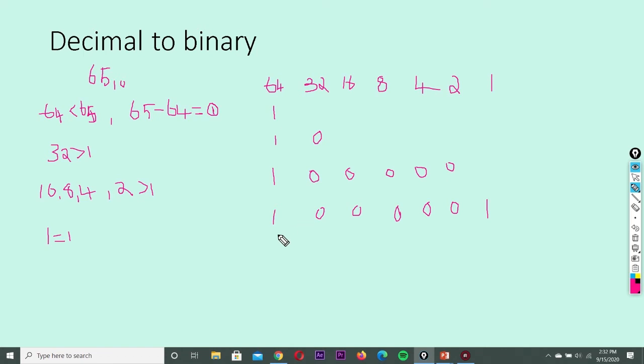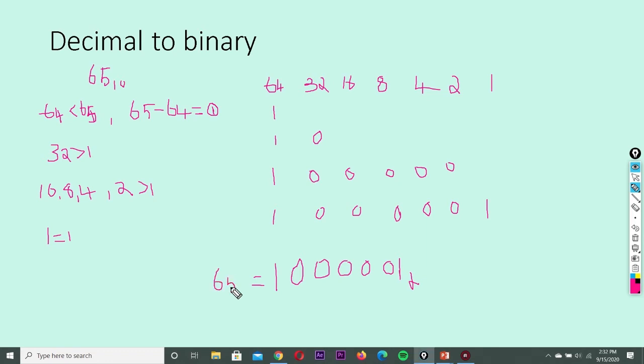Okay, so this is the process of conversion. The process is over and we have to write the answer. So you are getting the answer as 1000001. So this is the corresponding binary for the given decimal number 65.